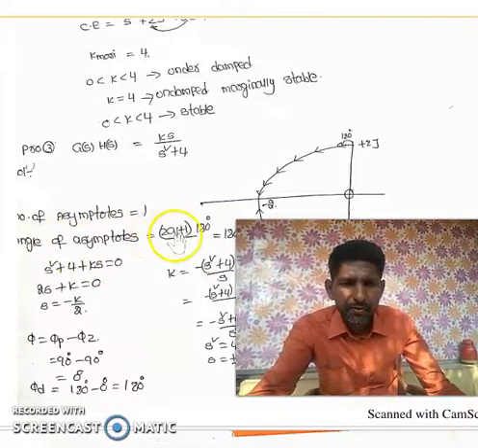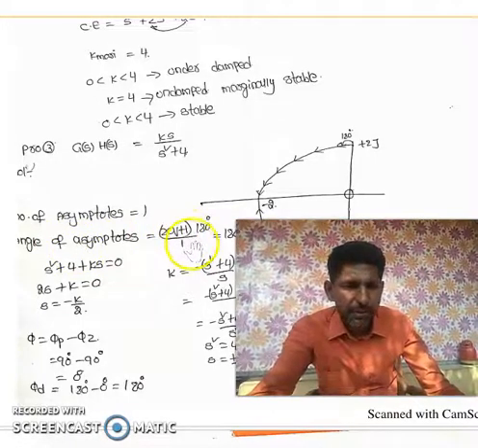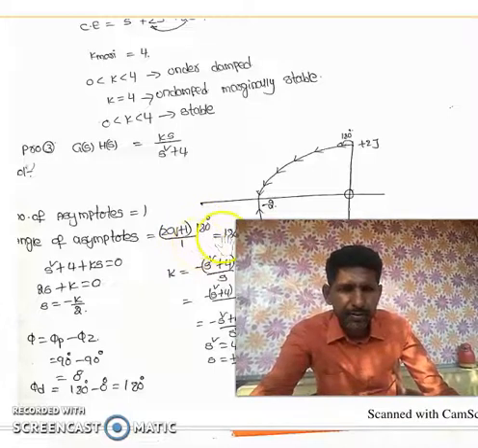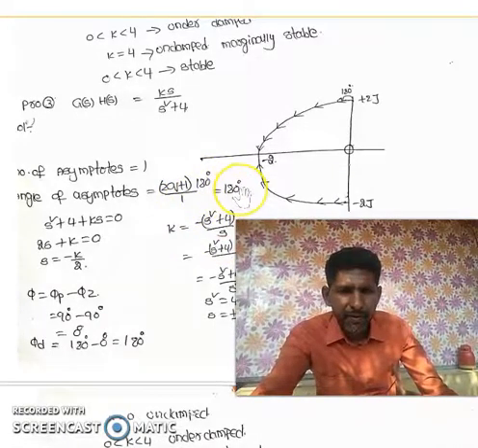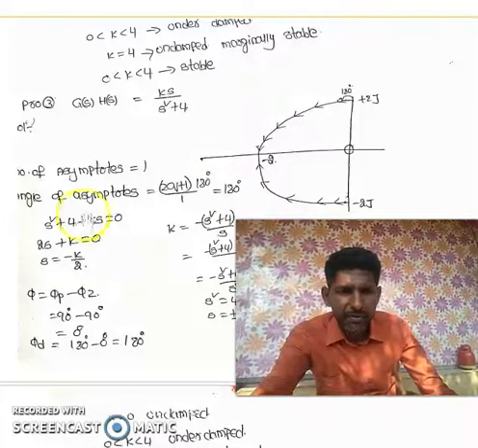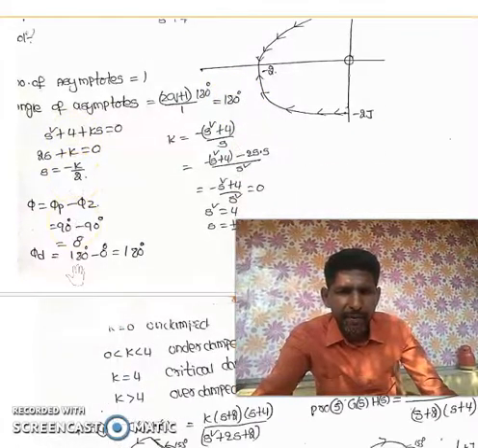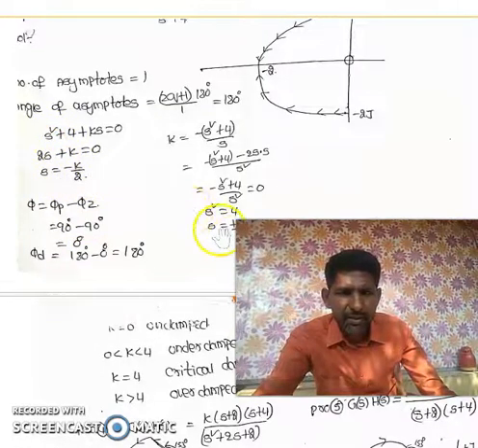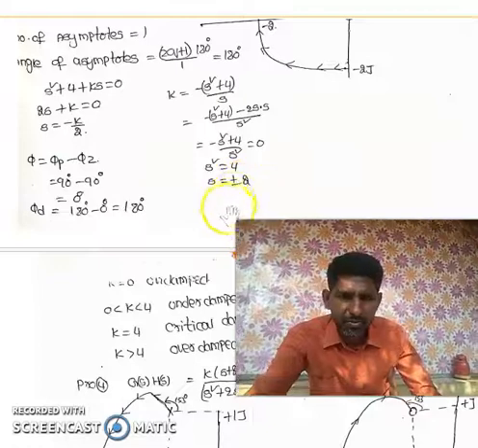To find the angle of asymptotes, the formula is (2q plus 1) divided by (p minus z) into 180 degrees. So we will get 180 degrees as the angle of asymptote. And we can find the s value as minus k by 2, or s is equal to plus or minus 2.